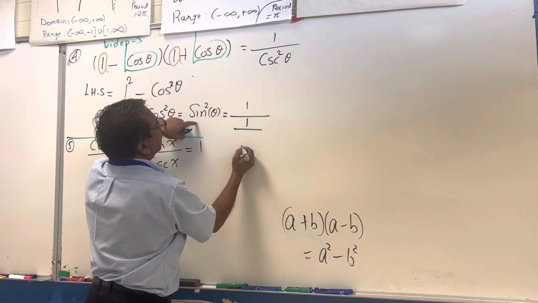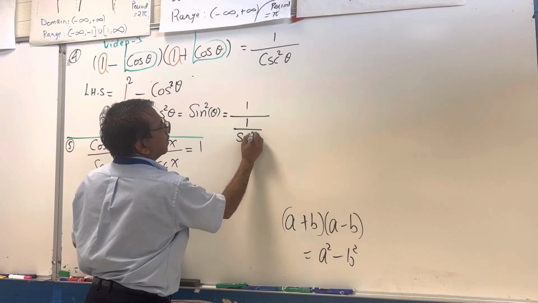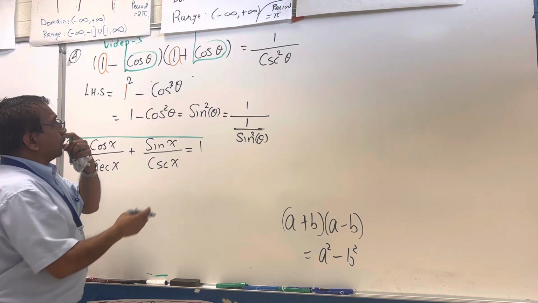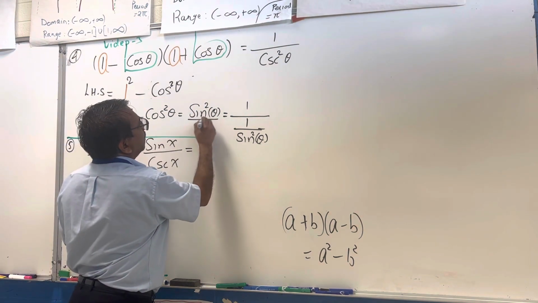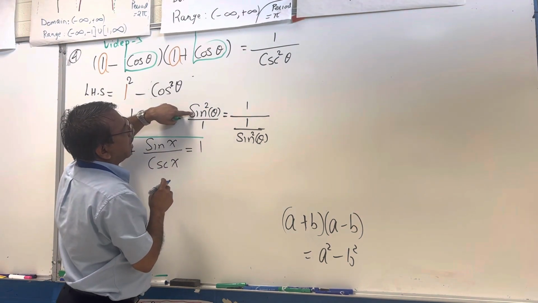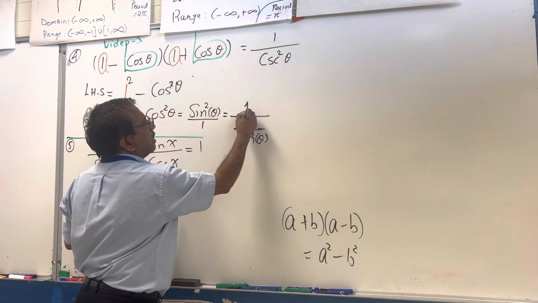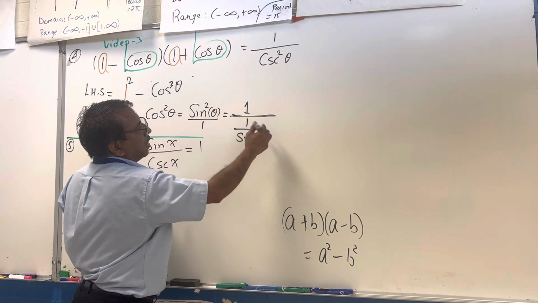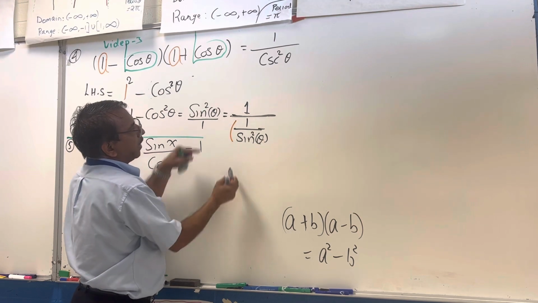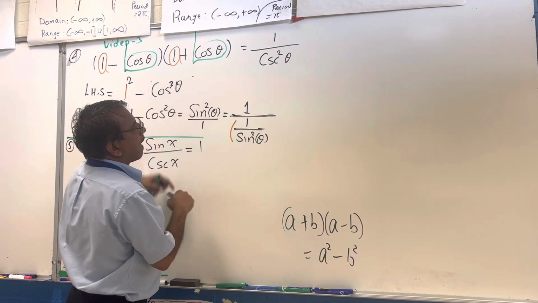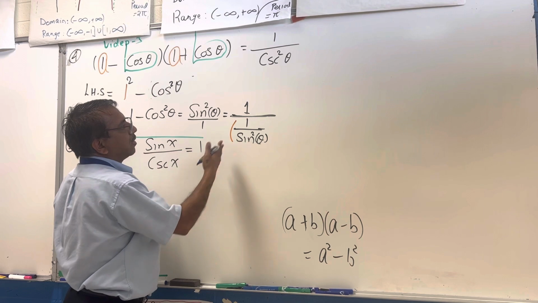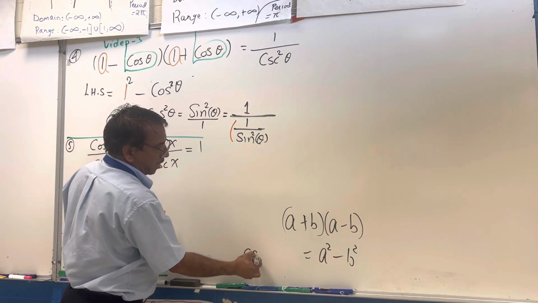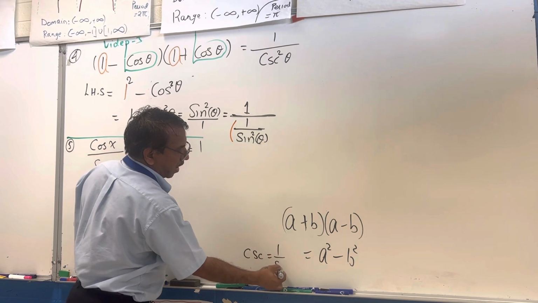1 over sine square. Now, why did I write this? Sine square I can write as 1 over 1, and divide by 1 over sine square, because this is the numerator. Keep change flip gets you there. The reason is that by the reciprocal identity, cosecant is 1 over sine.